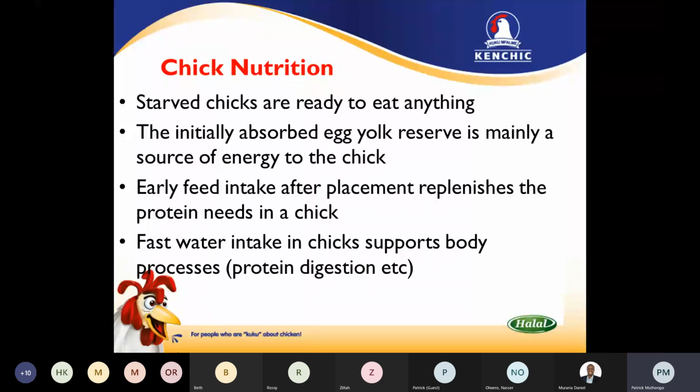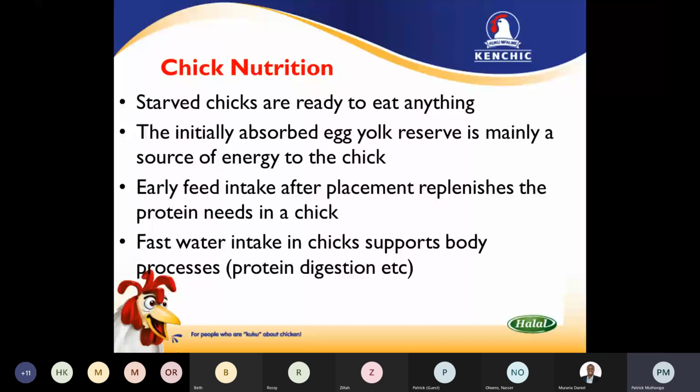So huyu kifaranga anahitaji this protein that is in the feed so that it can replenish the energy lost during transportation. Also remember, kifaranga amekuja amepata the temperature is very high at around 33. So you need this bird accessing a lot of water. You need this bird accessing feed so that it does not continue to drop in weight, anaendelea kuongeza uzito.